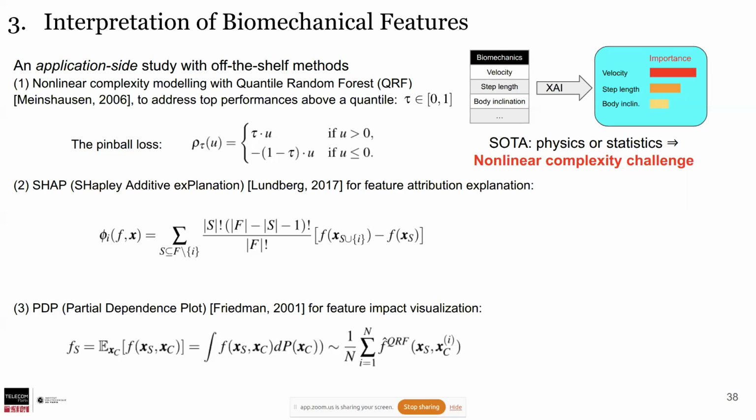And on the left side is the weighted sum over all the combinations of the feature set. So it will give us the attribution or the importance of each feature for each sample. And then we also use partial dependence plots to check how one feature or two features influence the performance numerically.